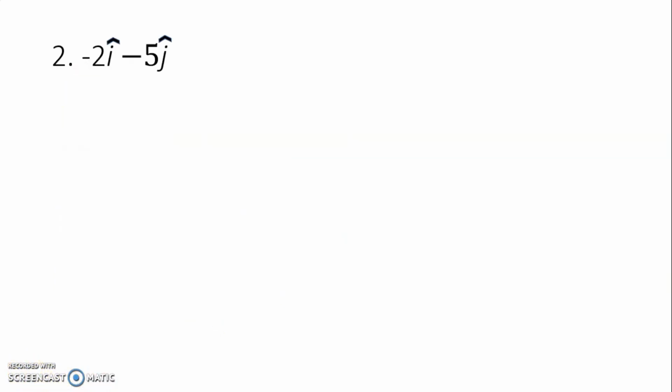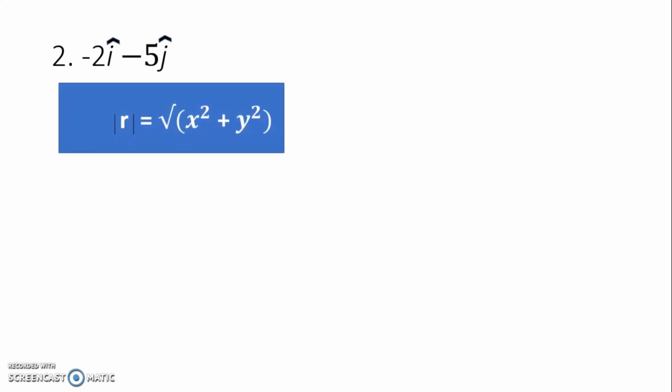We are asked to find the modulus of this vector. The first thing we are going to do is write down our formula, which is modulus of r equal to square root of x squared plus y squared. We know that our r is equal to minus 2 minus 5. So we replace minus 2 for x and minus 5 for y.